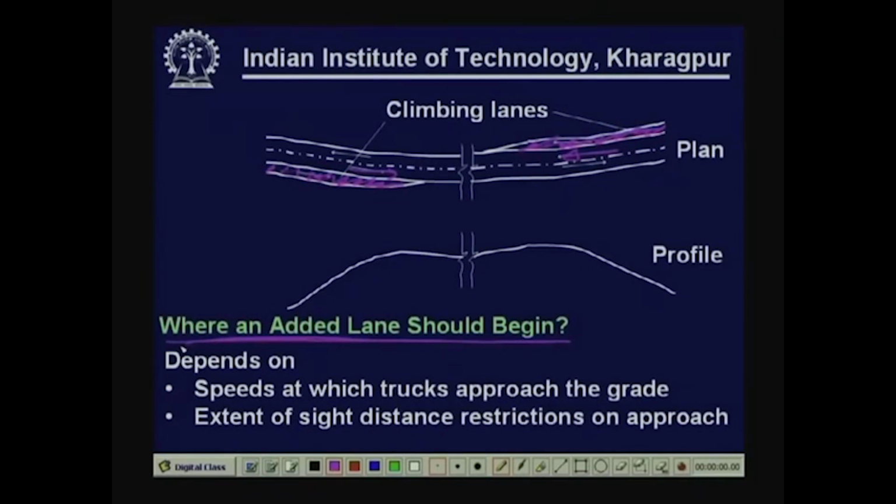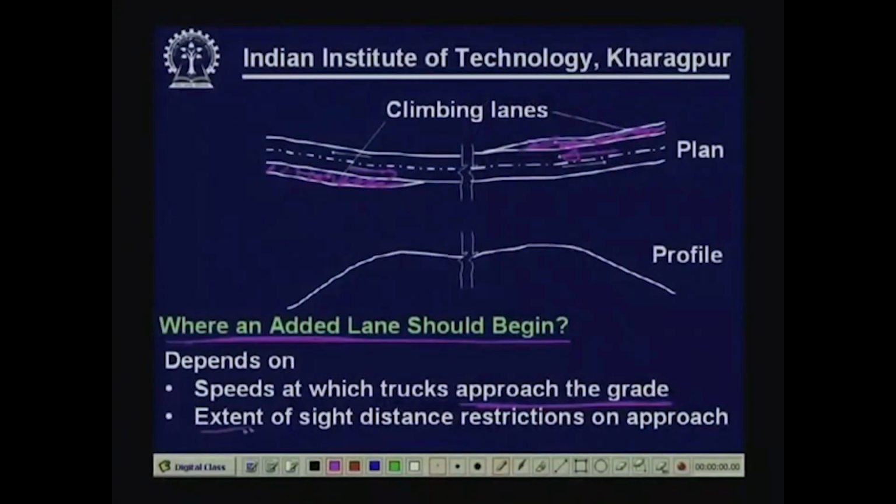It basically depends on the speed at which trucks approach the grade. Is it more? Is it less? What type of grade is it? If the approach speed is more, you do not expect a 15 km/h or more speed reduction very quickly, right at the entry of the grade.